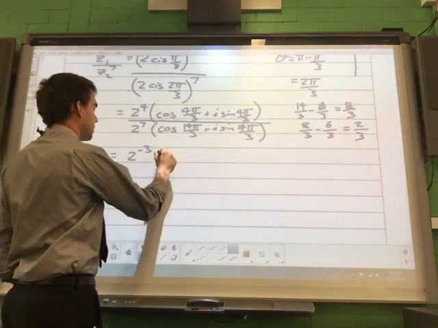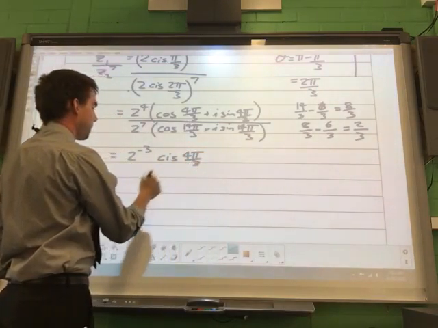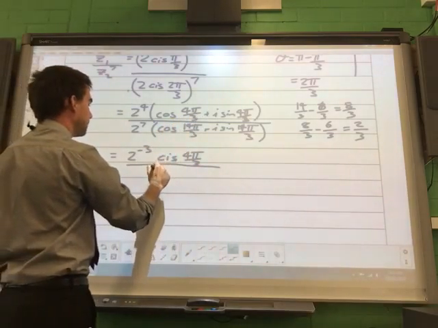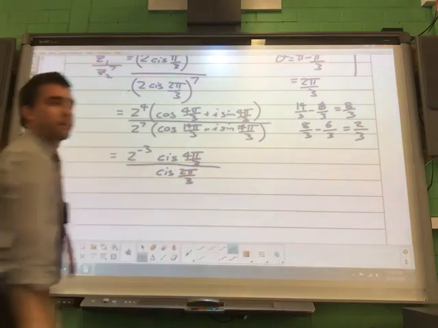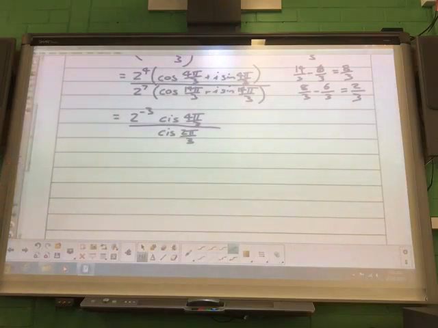I'm just going to write it back as this. So cis of 4 pi on 3, all over cis of 2 pi on 3. When we're doing a division of two complex numbers, we do the division of the modulus and we do a subtraction of the argument.